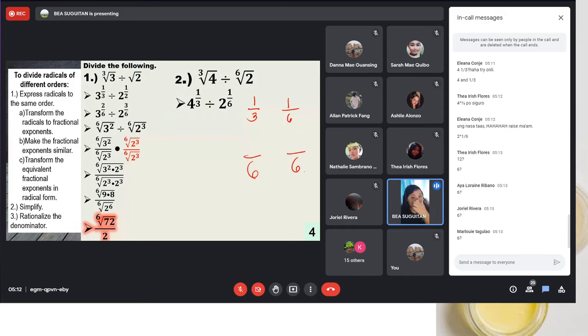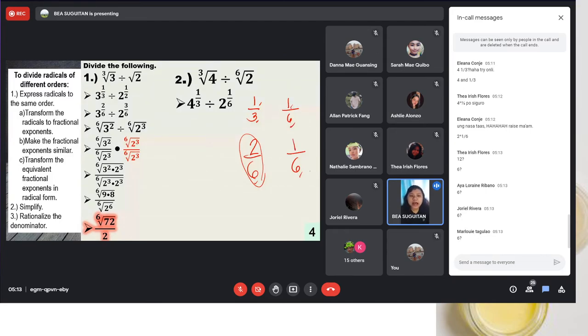Okay, so dito wala tayo 1/3. 6 divided by 3, that is 2. 2 times 1, that is 2. So, mamaya, under kay 1/3, ang isusulat natin na exponent ay 2 over 6. Next, dito naman tayo kay 1/6. 6 divided by 6, that is 1. And 1 times 1, that is 1.